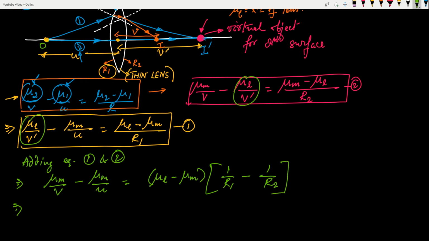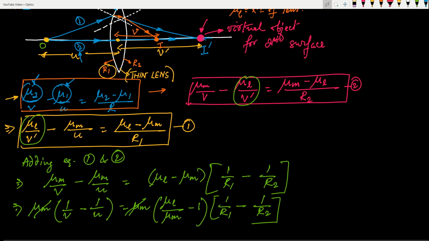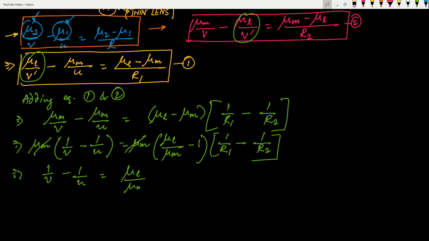Now we take mu m common from this side, so we get 1 by V minus 1 by U is equal to mu L by mu m minus 1 multiplied by 1 by R1 minus 1 by R2, as mu m and mu m get cancelled out.